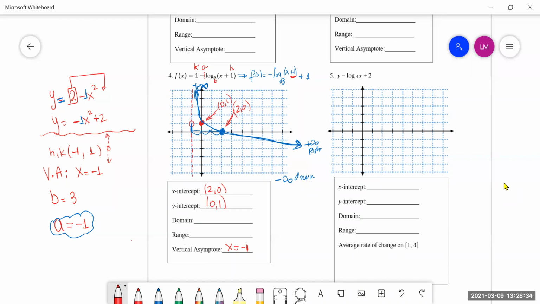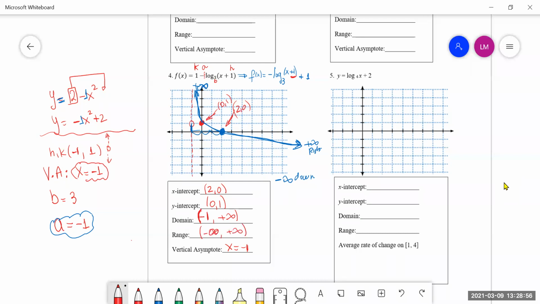The domain, we already have it all labeled. We are not touching our vertical asymptote right here of -1, but we are going to the right. Our range is always from lowest to greatest, so it's a smooth curve that forever goes down and forever goes up.